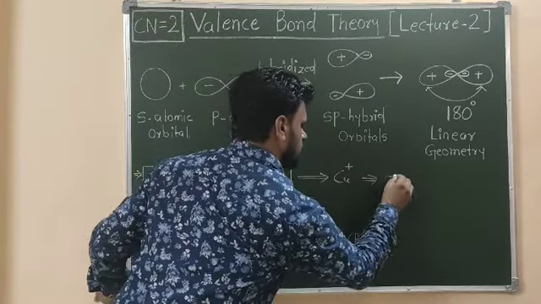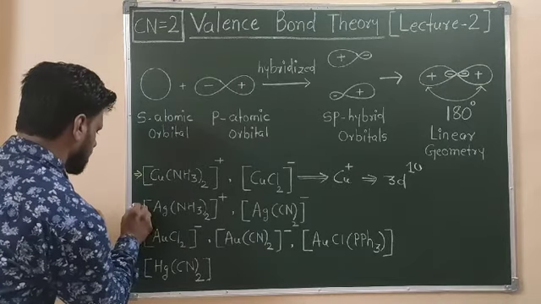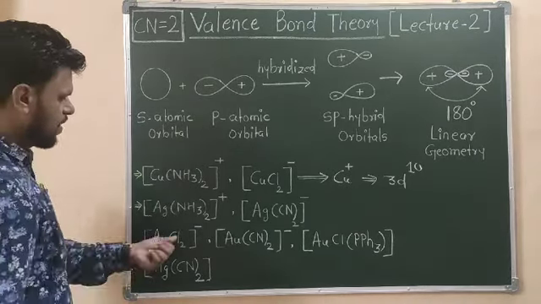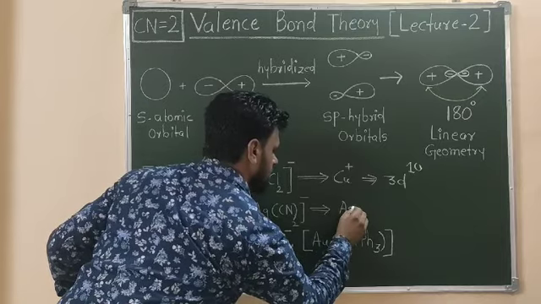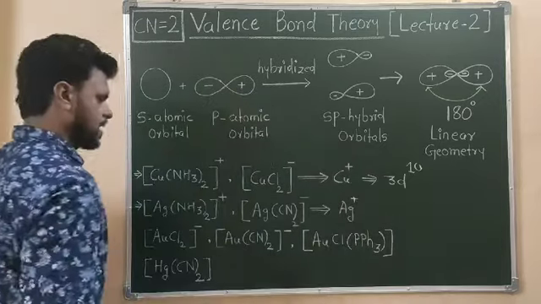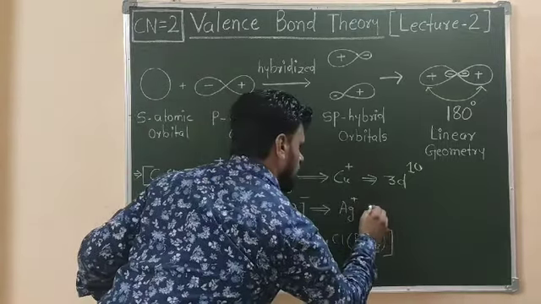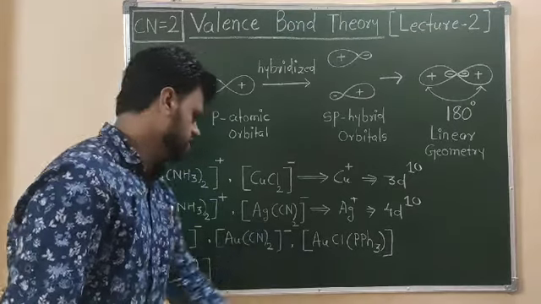Okay, am I right? Now let's take the second complex with coordination number 2, silver, where we have an amine ligand and a cyanide ligand. In this case the silver Ag+ has the electronic configuration 4d10. Let's move towards the gold complexes: chloride ligand, cyano ligand, and chloride and phosphine ligand.